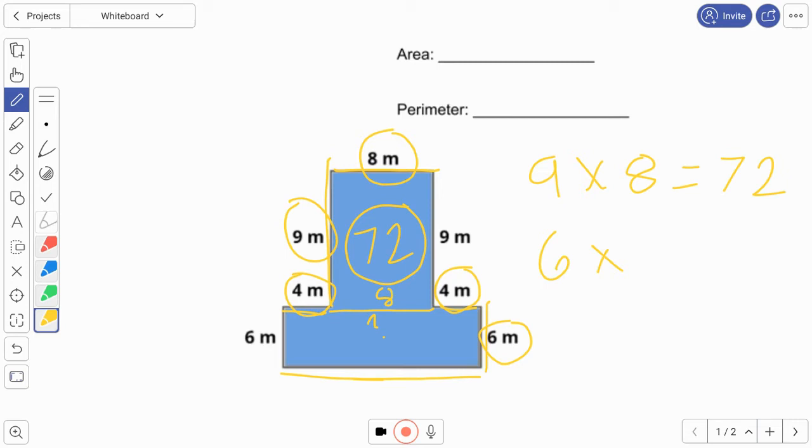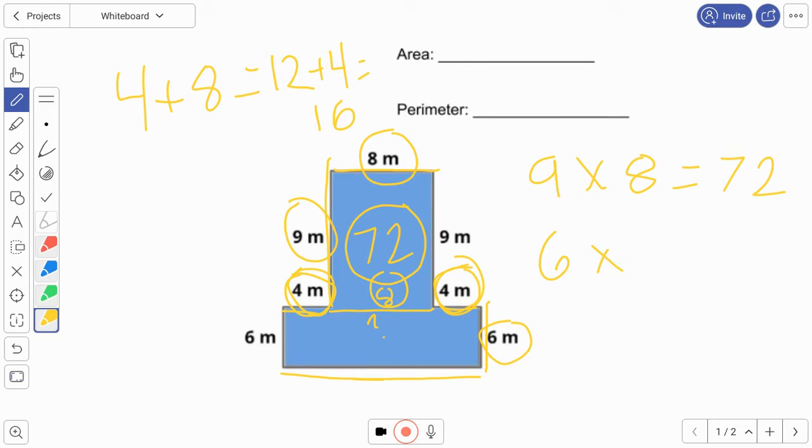So now I'm going to take the 4 from over here, add that 8, which gets me 12, and then I have this other 4 on the other side, which gets me 16. Okay, so that entire side is 16.